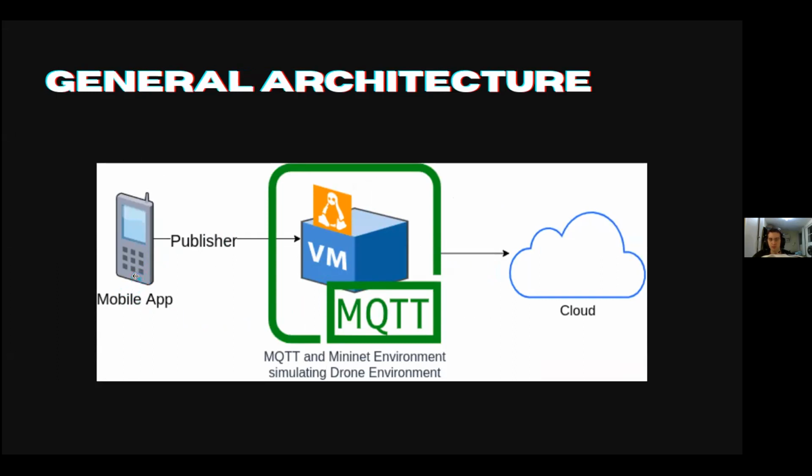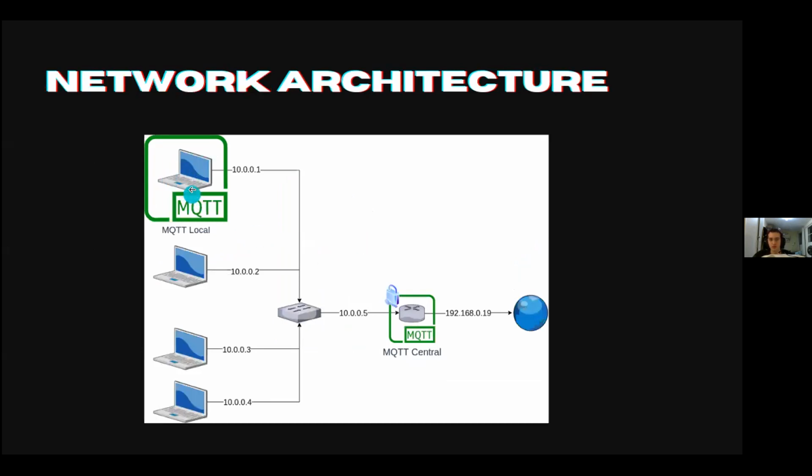We put in the mobile app the severity of the conditions, and we send an MQTT message using the MQTT protocol to one of the nodes that is connected in the same network. So imagine the local app being connected to the switch.